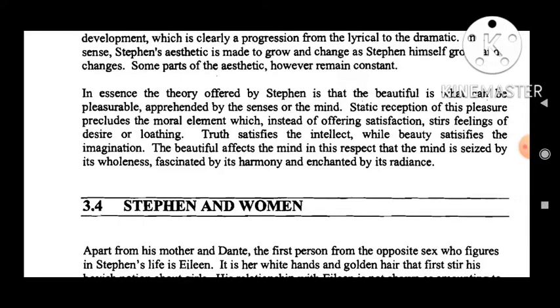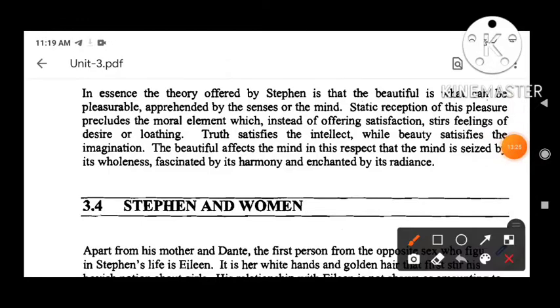So the essence of the theory offered by Stephen is that the beautiful is what can be pleasurably apprehended by the senses or the mind. Here is the main key point you can note down.